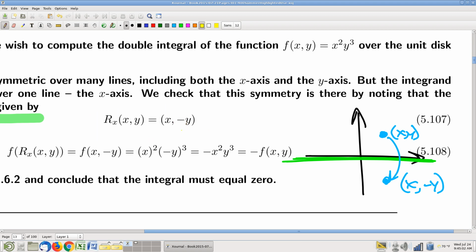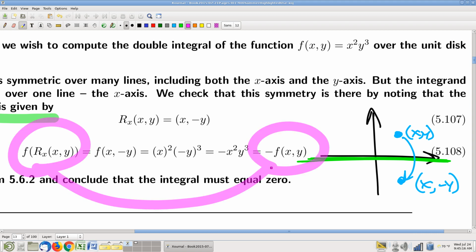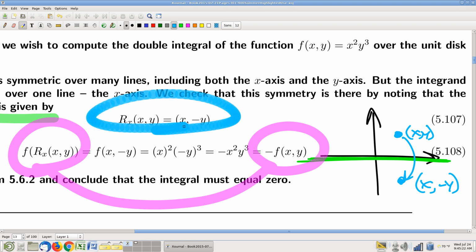So if that's what a reflection is, now let's see if this function here has odd symmetry. We're hoping that this function has odd symmetry. I need to take that function, plug in the reflection and confirm that I get the negative. So I am literally going to take this reflection, x, negative y, plug that into the function, do the appropriate algebra.